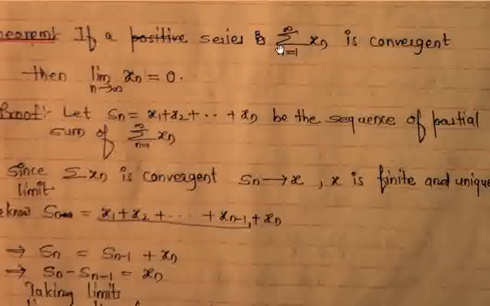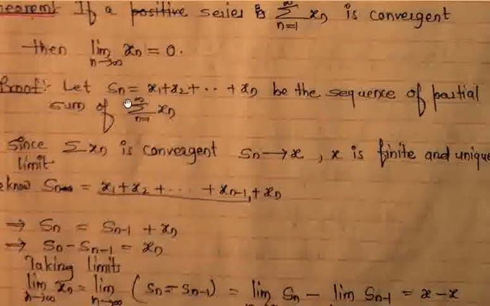If a series x_n, n from 1 to infinity, is convergent, then the limit as n approaches infinity of x_n is 0. Here's the proof. Consider the sequence of partial sums.